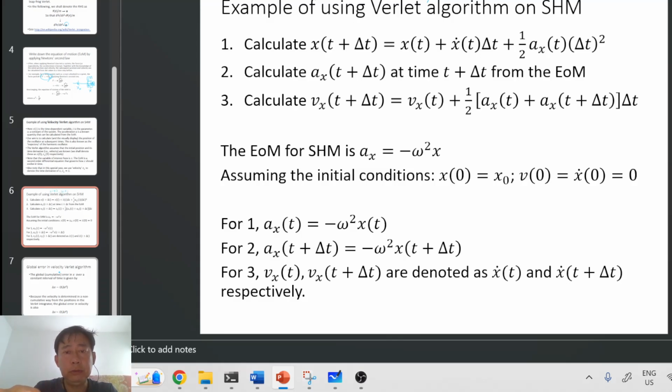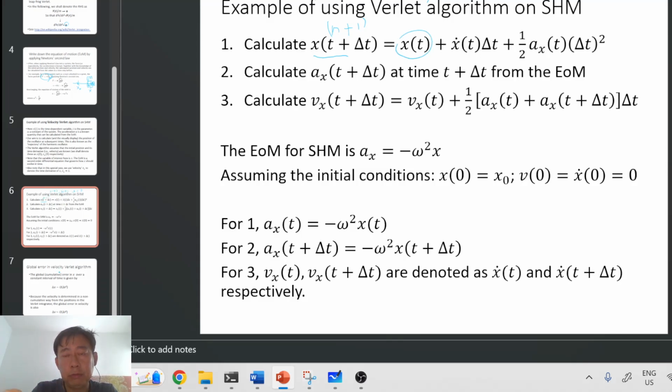So given these two at n equals to 0, where n is the numbers of time step, then you first calculate the locations of the position at the next time steps. So t plus delta t means it is the locations of x at the time step of n plus 1, and you begin the n from 0.